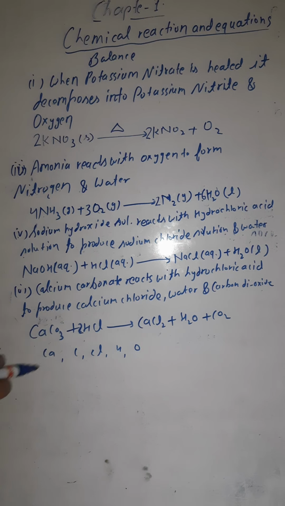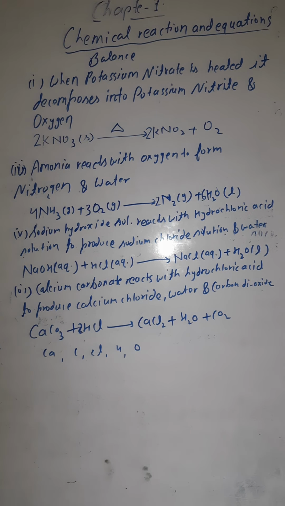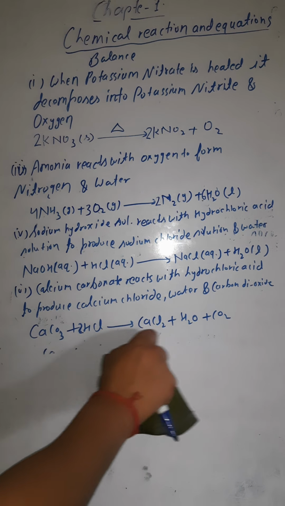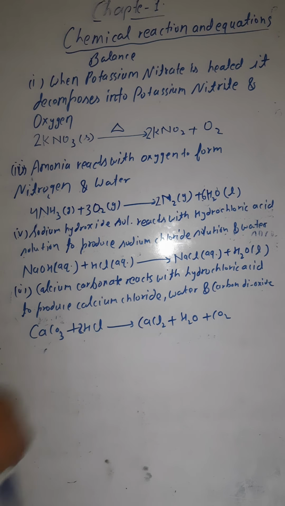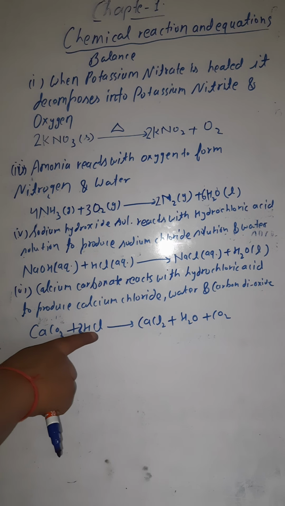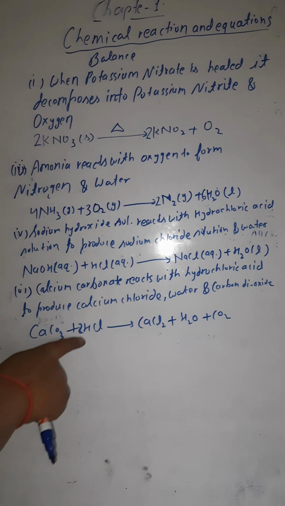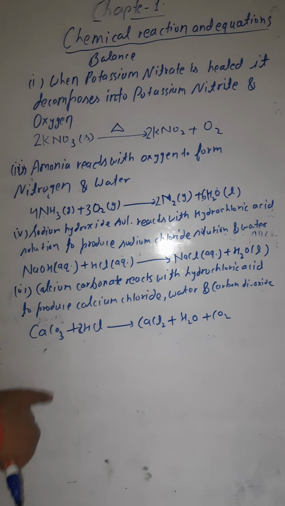Now let's check hydrogen, two atoms of hydrogen, oxygen, three atoms of oxygen, 2 plus 1, 3 atoms of oxygen, all have been balanced. If you check it again, calcium 1, 1, carbon 1, 1, chlorine 2, hydrogen 2 atoms, oxygen 3 atoms, 2 plus 1, 3 atoms. Okay, so this is how we will balance the chemical equation.